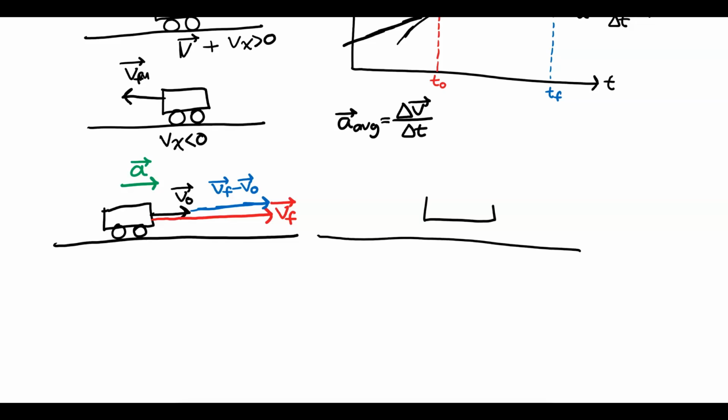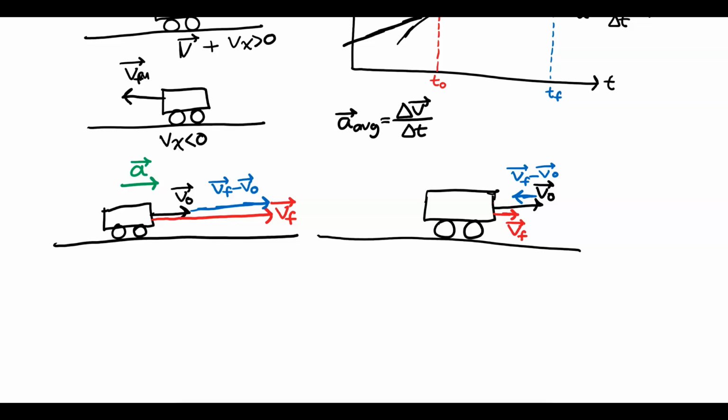Now, what happens if our car was moving to the right but starts slowing down? Well, intuitively, you might think that the acceleration will be negative. And we can show that the change in the velocity, that vector, is pointing to the left.